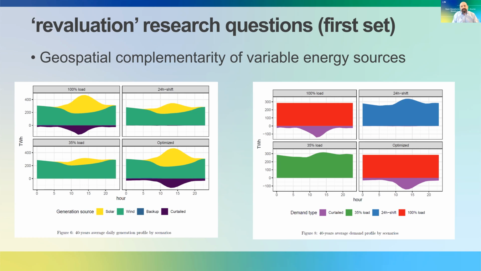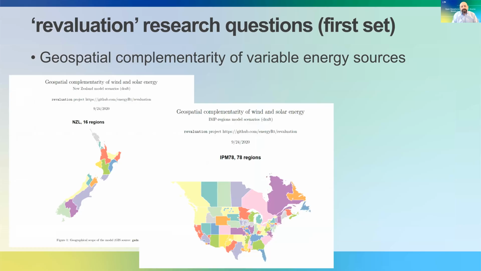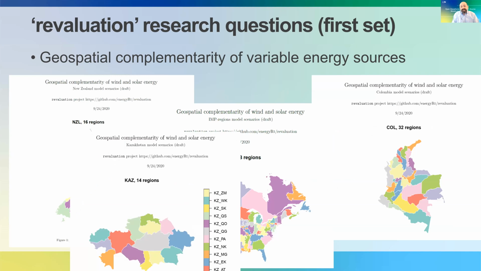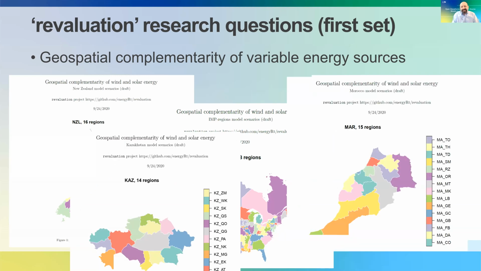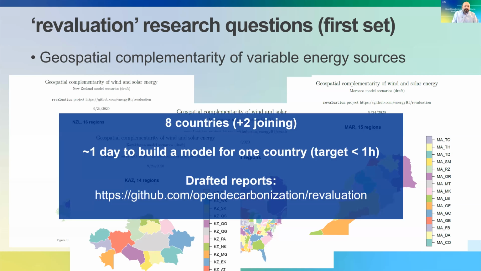This is just an example of what can be done, and we can scale up. We already ran it for 8 countries, with 2 more joining. Right now it takes about 1 day to build a model for 1 country. We don't go into details for these locations, but just take the open source data and put it in the same model.